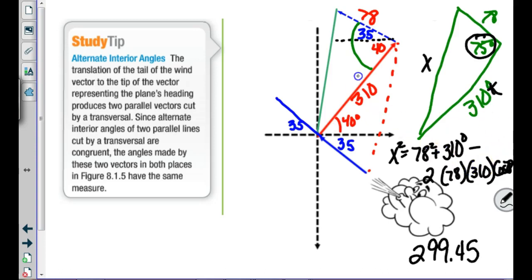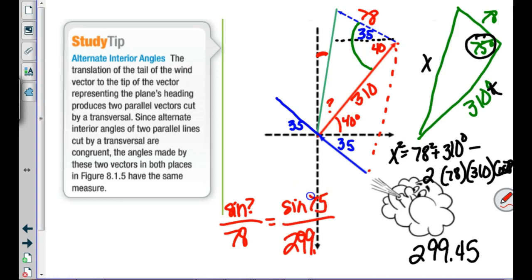Now the other thing is we would need to find the angle off of north that's in here. So we'd need to do law of sines to find another angle first, like this one. So you'd say the sine of that question mark is across from the side that's 78 here, in the same way as maybe the sine of this 75 degrees is across from 299.45.